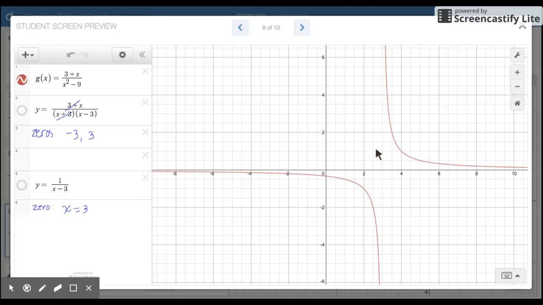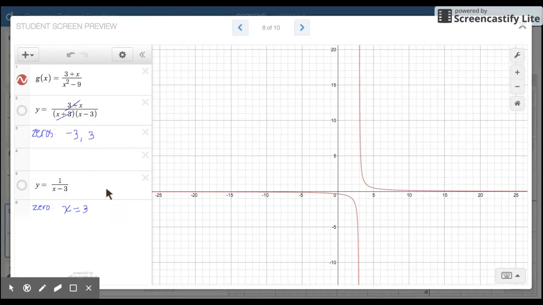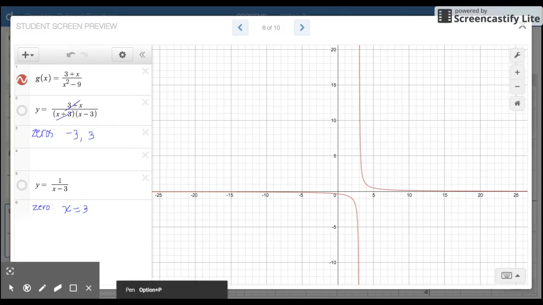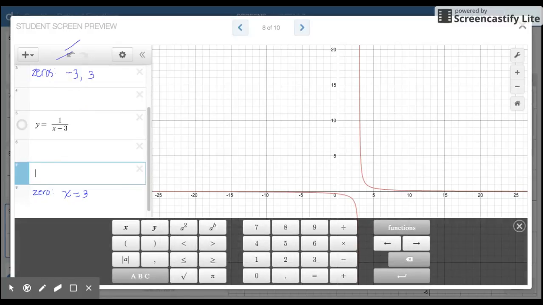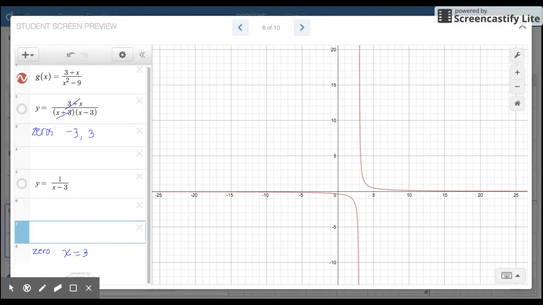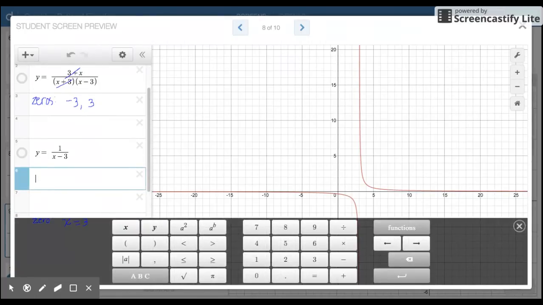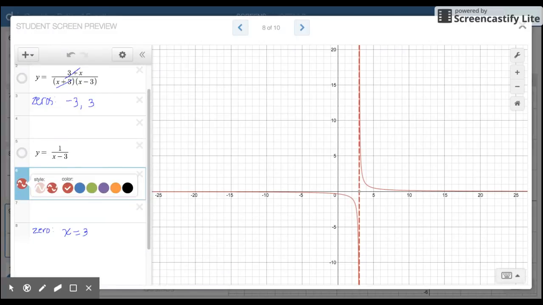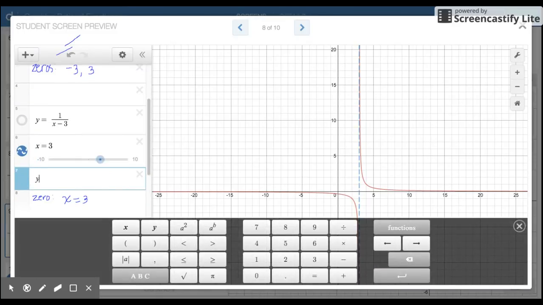The vertical asymptote is at x equals 3. So let's check if it's really at x equals 3. Okay, let's put here x equals 3. Oh, that's where the vertical asymptote is. Let's change the color of that. And it seems that the horizontal asymptote is at y equals 0.